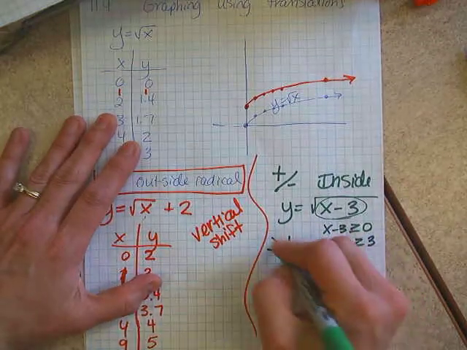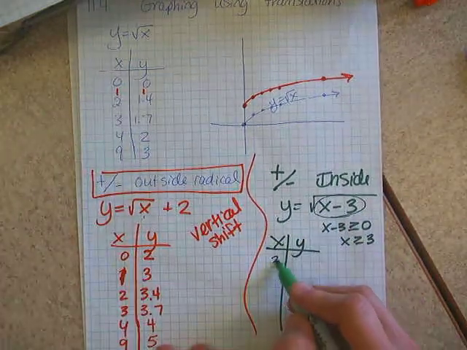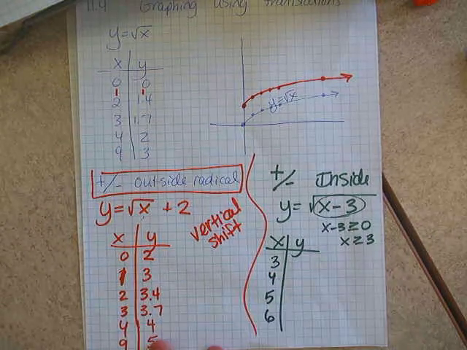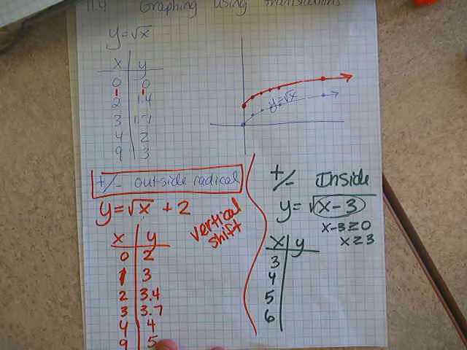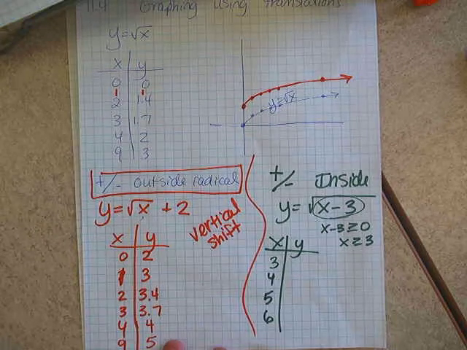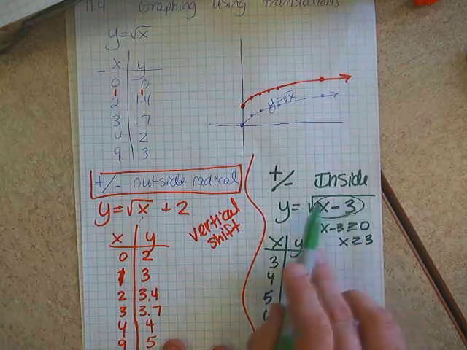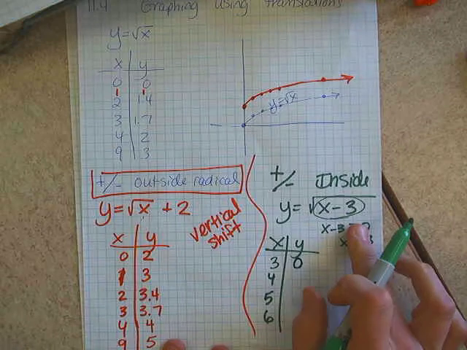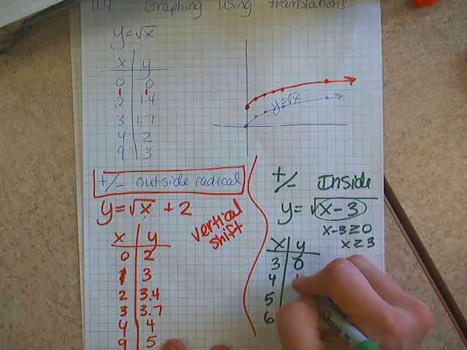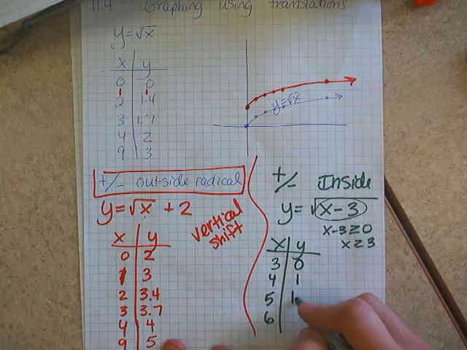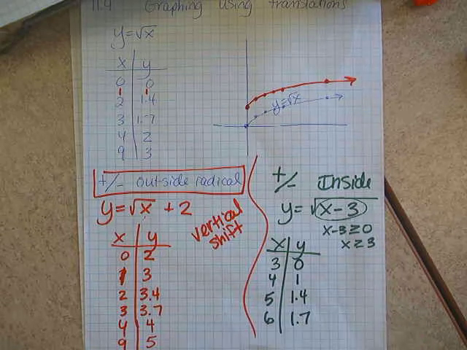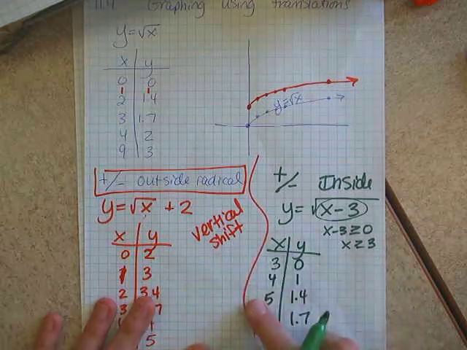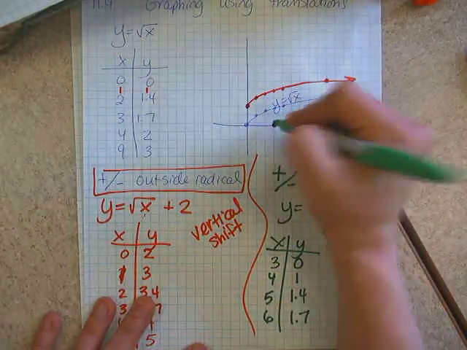Add 3, so x should start at positive 3, not 0. So I'm going to start at 3 and go up 4, 5, 6. I'm going to save you the time with the calculations, but 3 minus 3 is 0, square root of 0 is 0. 4 minus 3 is 1, square root of 1 is 1. And we get 1.4 and 1.7 for the others.